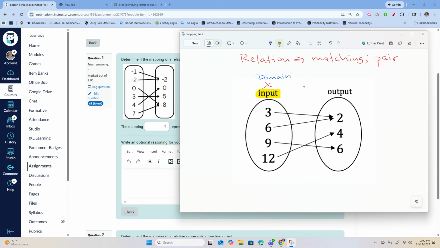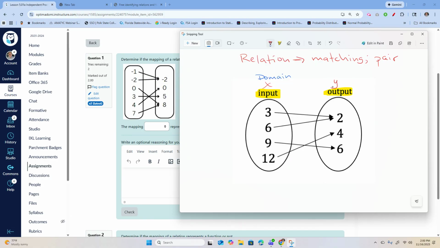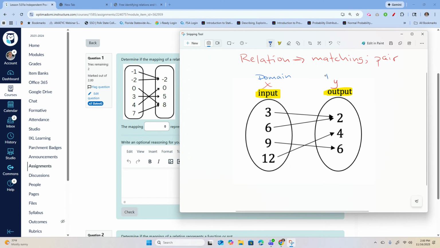And the second group of numbers is going to be called the output. But sometimes it's going to be called the Y's. Some other times it's going to be called the range. So different names for these two groups of numbers.